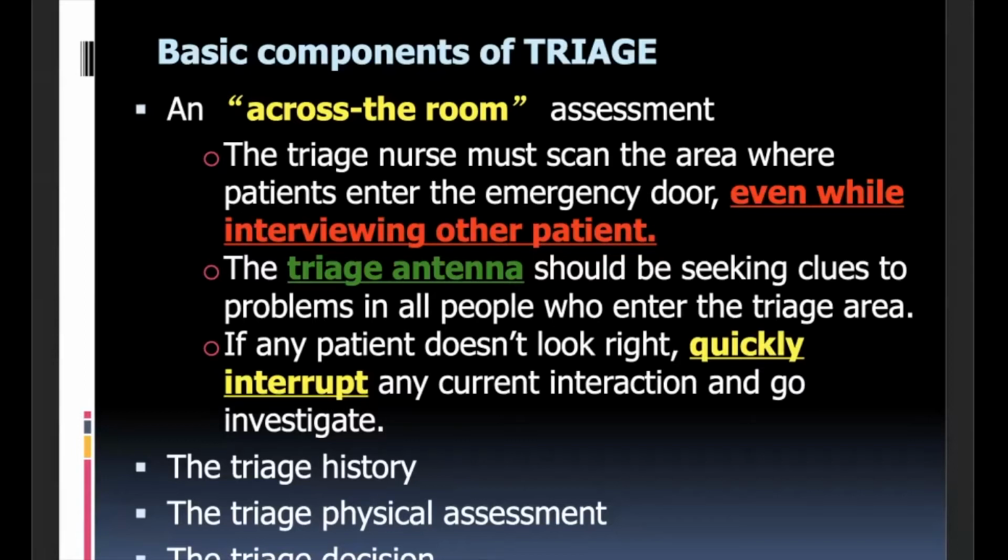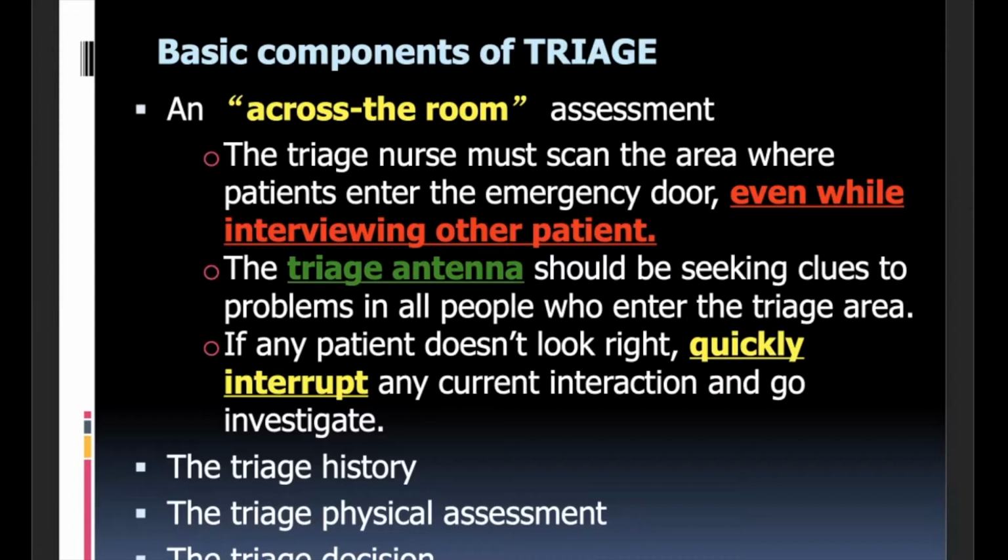We also have, on the second bullet, the triage antenna. This one means seeking clues to problems in all the people who enter the triage area. The third one is, if any patient doesn't look right, quickly interrupt any interaction and go investigate.